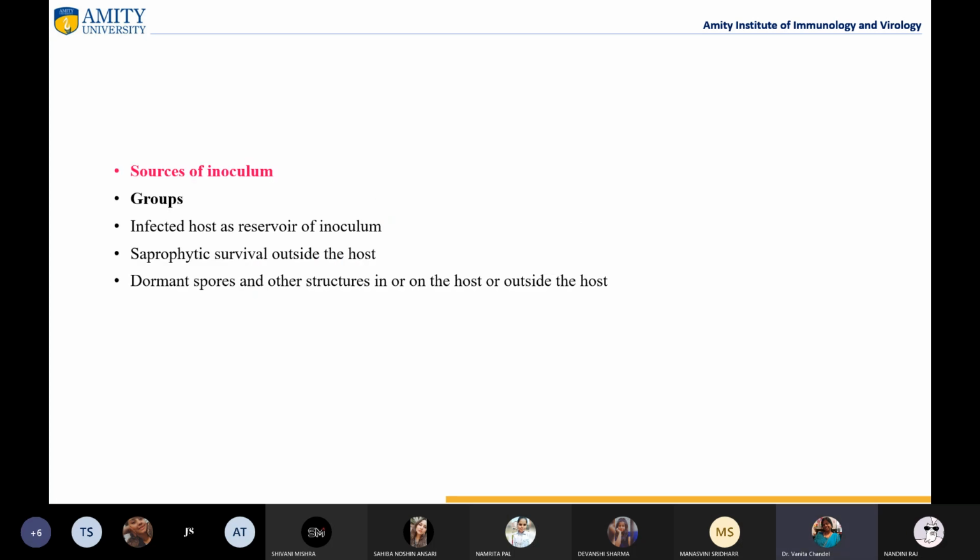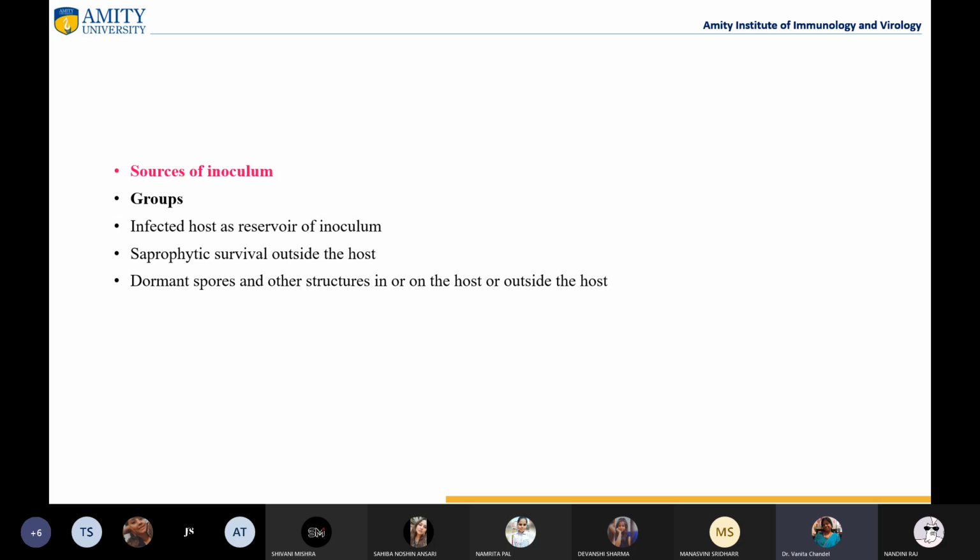Then sources of inoculum. From where are we getting this inoculum? It could be, as I told you, an infected host as a reservoir of inoculum, or some parts of the plant which remain in the field. Then saprophytic survival outside the host: the fungus may survive on some other plant to obtain its nutrition from other plants, so they can act as a source of infection.